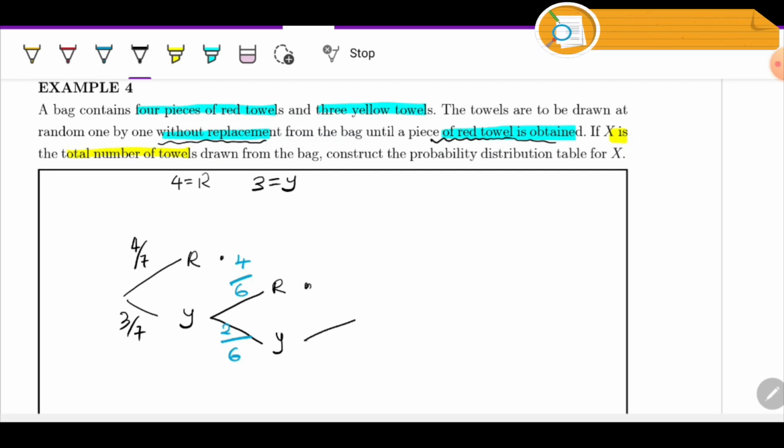Continue if you get a yellow towel for the second draw. For the third draw, we could get either red or yellow. So the total space becomes 5. The probability of getting a yellow towel for the third draw is 1 out of 5 and red towel is 4 out of 5.